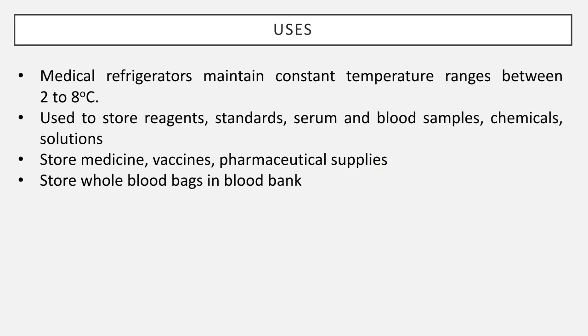So medical refrigerators maintain a constant temperature ranging between 2 to 8 degrees centigrade. Usually used to store reagents, standard serum samples, blood samples, chemical solutions, etc. And also to store medicines, vaccines, pharmaceutical supplies, and in the blood bank we regularly use them for storing blood bags.